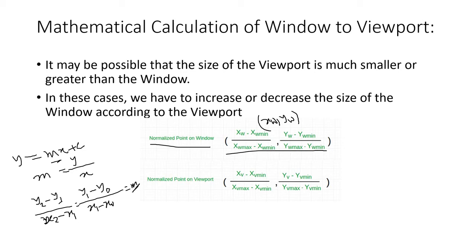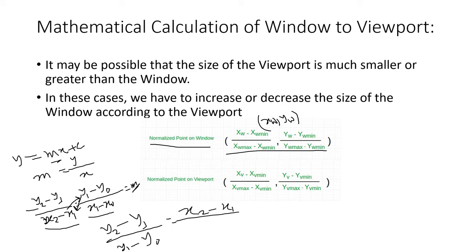If you put this over here and this over here, you are ultimately going to get y2 minus y1 divided by y1 minus y naught, and similarly x2 minus x1 divided by x1 minus x naught, right?